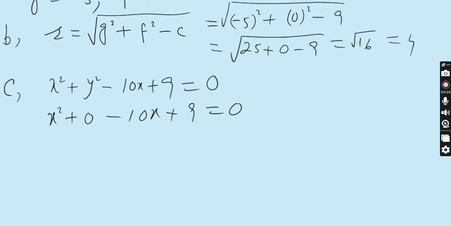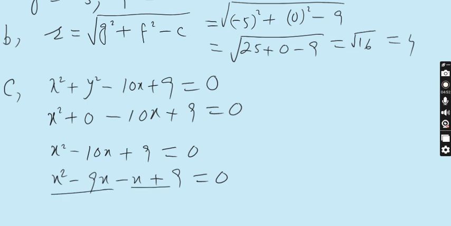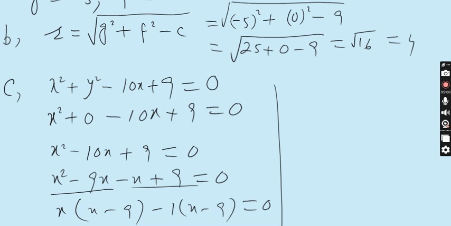This is a quadratic equation. x square minus 10x plus 9 equals 0. Break the middle term: x square minus 9x minus x plus 9 equals 0. Taking x common, x minus 9, minus 1 common, x minus 9 equals 0.